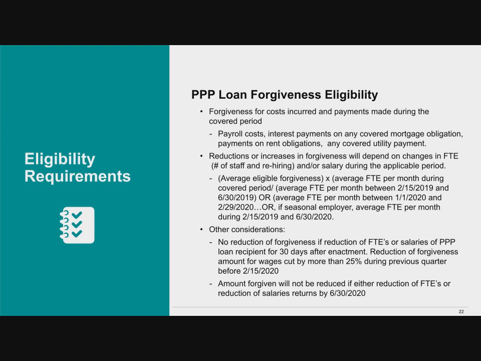We're prepared as lenders to roll this program out, hopefully by Friday, if we get some more insight from Treasury and the SBA. The forgiveness calculation after June 30th is going to be the more difficult process that we're going to have. Next slide, please.